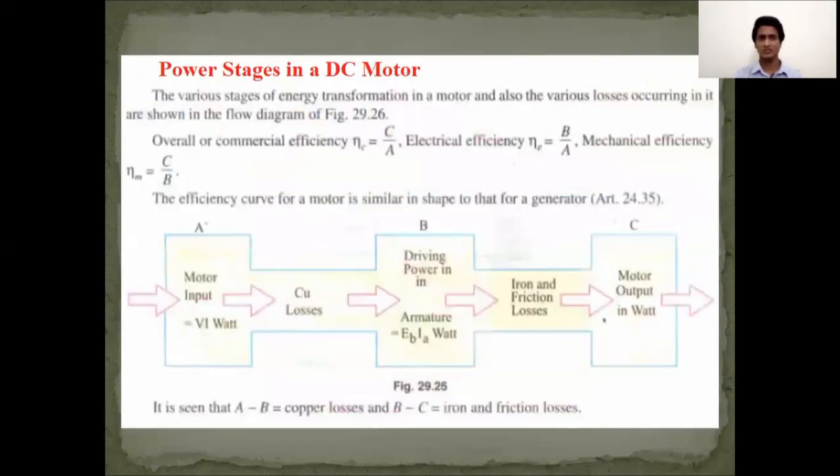Then let us look at the power stages in a DC motor. As we know, the basic principle is when a current carrying conductor is placed in a magnetic field, it experiences a force called the Lorentz force. Thus, my armature rotates.